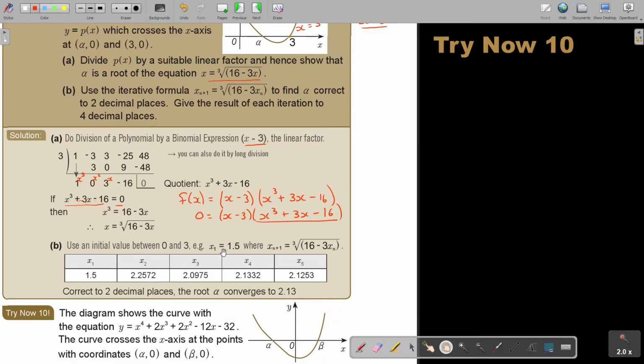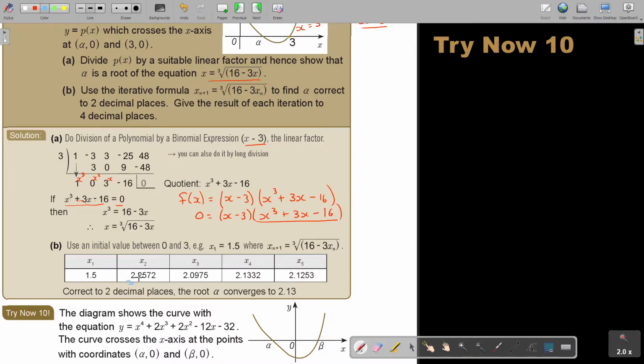So program that into your calculator. Press 1.5 equals. And then press the cube root, so I usually press shift and then the cube root, bracket 16 minus 3 answer, and then equals. Then start writing. Remember, you must write it to 4 decimal places, but it's always good to already approximate to 2 decimal places.